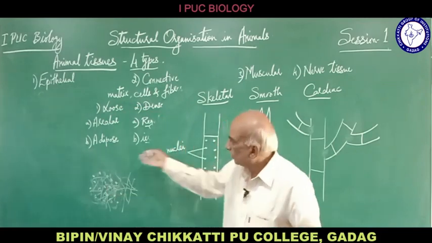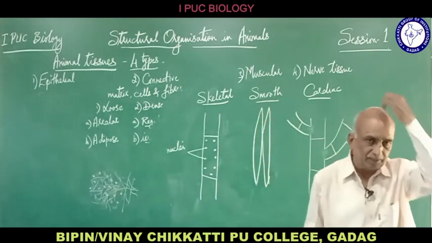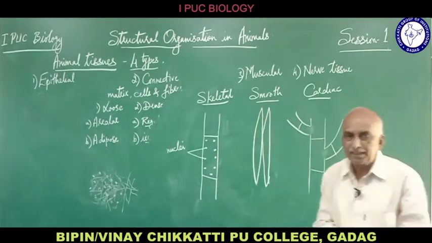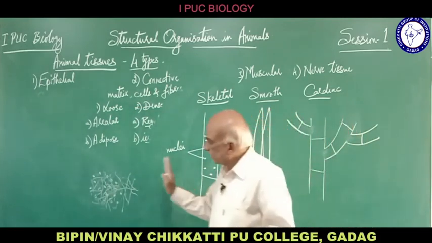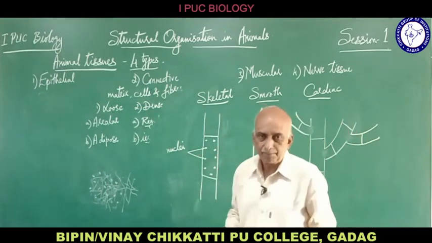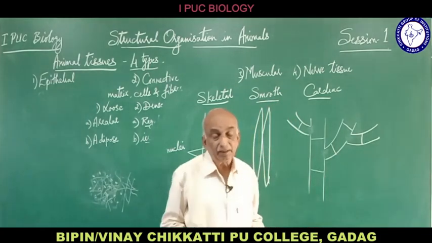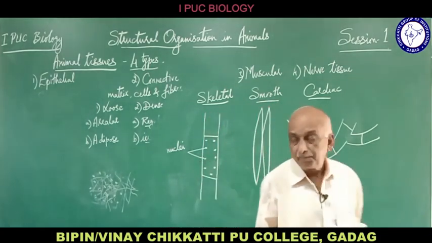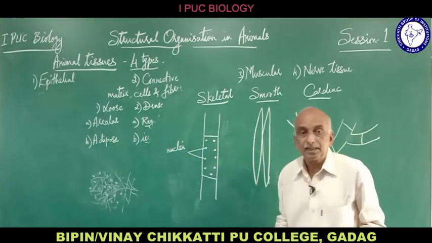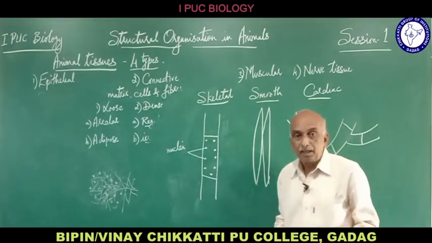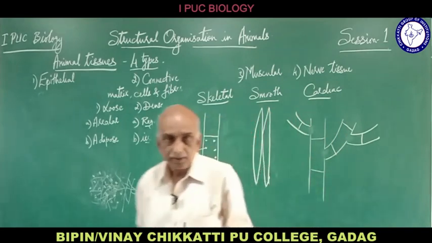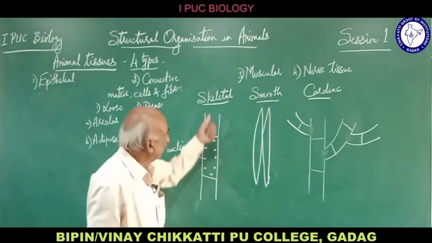Usually whenever we study, cells are uninucleated. When we are not mentioning that, it is understood the cells are normal, uninucleated. However, RBC and platelets are non-nucleated. They don't contain a nucleus. But here the skeletal muscles contain many nuclei. They are multinucleated. This multinucleated condition is the characteristic feature.